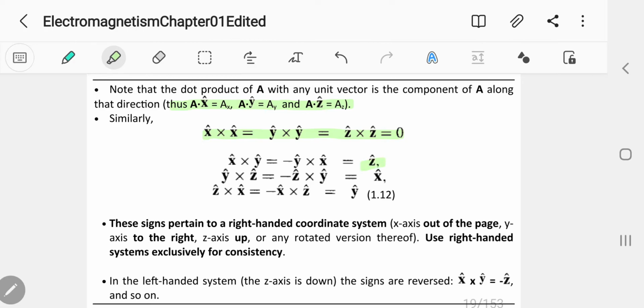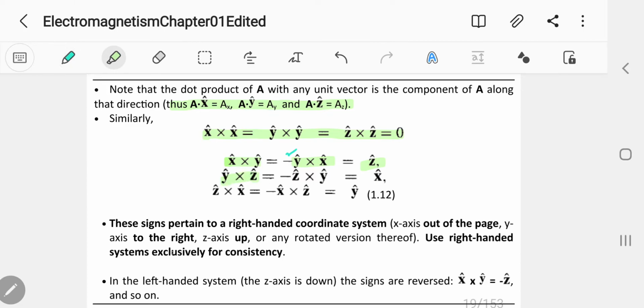If you use your right hand rule, if you put x and then move your palm to the y, you get z. And if you interchange the order, you get a negative here.